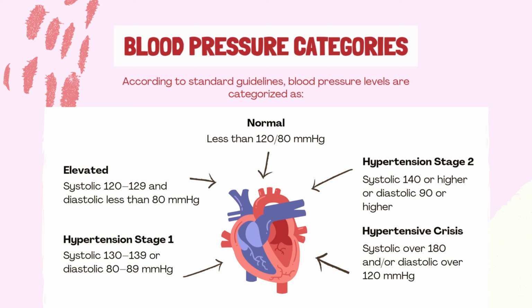In hypertension stage 1, systolic is 130 to 139 or diastolic is 80 to 89. Hypertension stage 2, systolic is 140 or higher and diastolic is 90 or higher. In hypertensive crisis, systolic over 180 and/or diastolic over 120 mmHg.